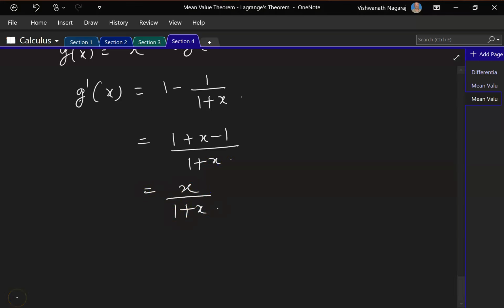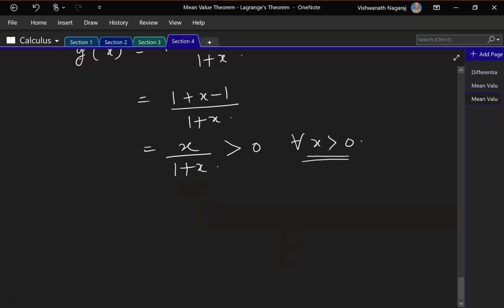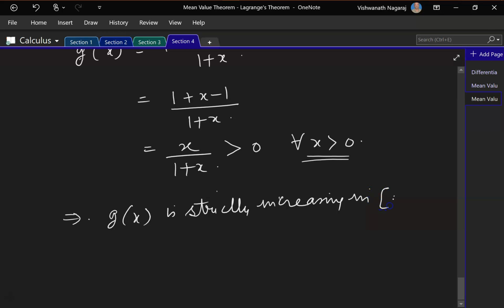Now here we know that this is going to be greater than 0 for all x greater than 0, and this is our condition. So if it is 1, 1 by 1 plus 1, 2, 2 by 3. So it will always be greater than 0. Again, which implies that g of x is strictly increasing in the interval 0 to infinity.